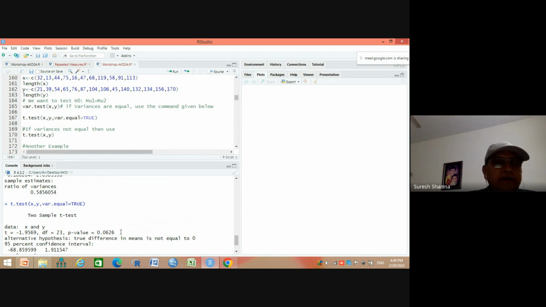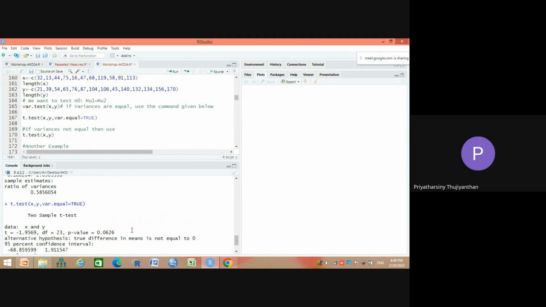Actually, we are testing the hypothesis mu1 is equal to mu2. This is what we are testing. Now, this is your t-value, and this is your p-value. Is the p-value less than 0.05 or more than? The p-value is 0.06. More than 0.05.